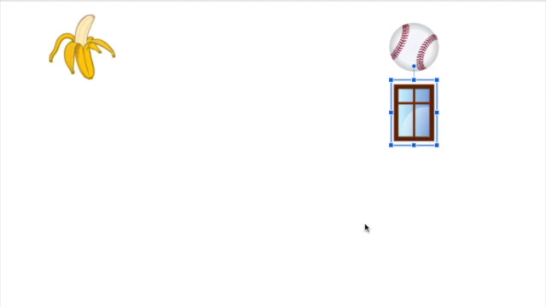Okay, and hopefully you might be starting to think about how these ones are connected. So if I grab another shape, let's bring this one here in.